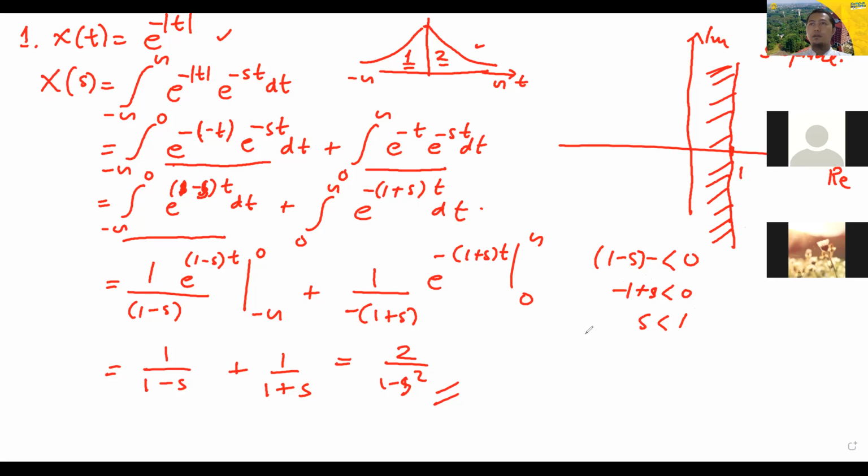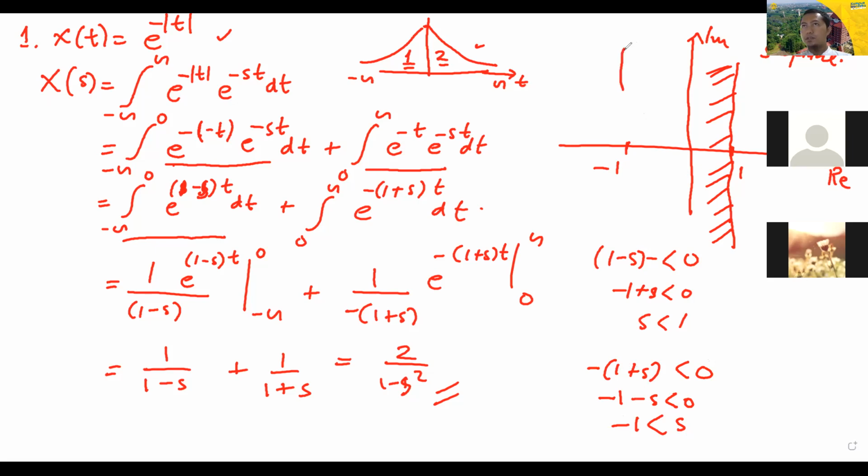And for the second part, minus 1 plus s should be less than 0 as well. Yeah. So in this case, s should be greater than minus 1.